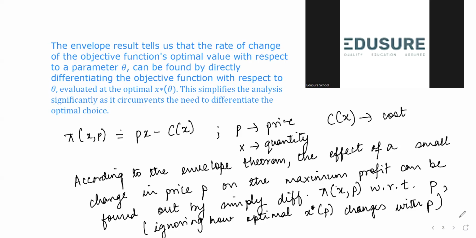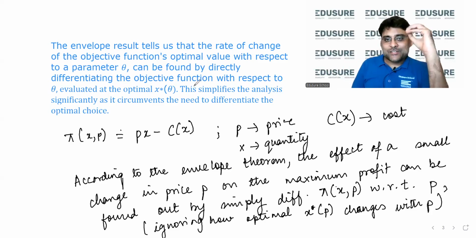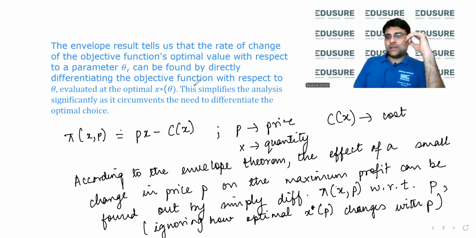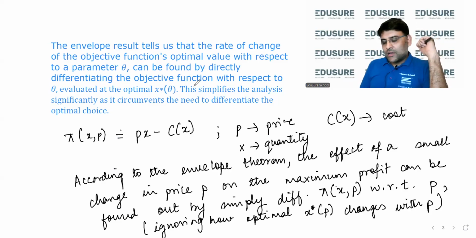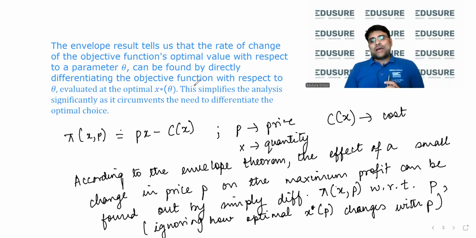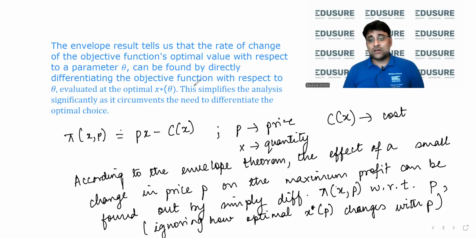Now, why is this tool, that is the envelope theorem, so essential? It is essential in economic theory because, say, when we do comparative statics, like in consumer behavior, we ask as income changes, what is the effect on the optimal utility? If the prices are changing, what is the effect on the optimal utility?